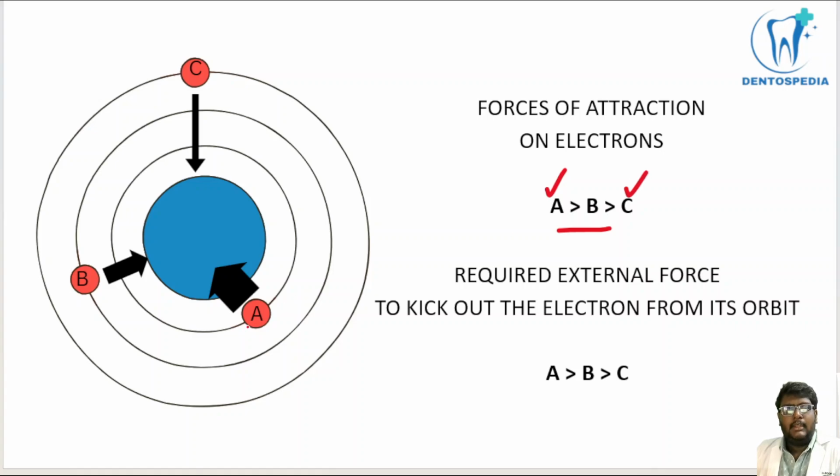When we want to kick an electron from its orbit, we need to apply some external force, right? We need to counter these nuclear forces. Because A has more attraction force from the nucleus, we need to apply more external force to kick electron A from its orbit.